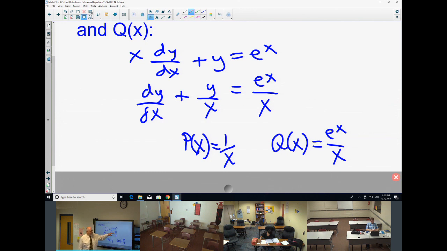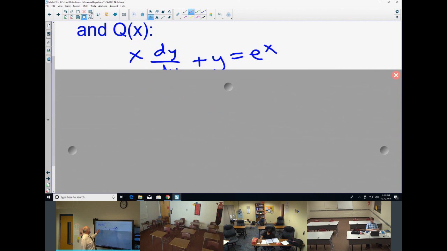And then what it's all equal to, with no y's over here, is the q of x. Okay? So, Jada, it seemed like you were trying to do the separation like we did in practice 0, but we're not doing that here. We're putting it in standard form of the linear equation, because these are not separable.